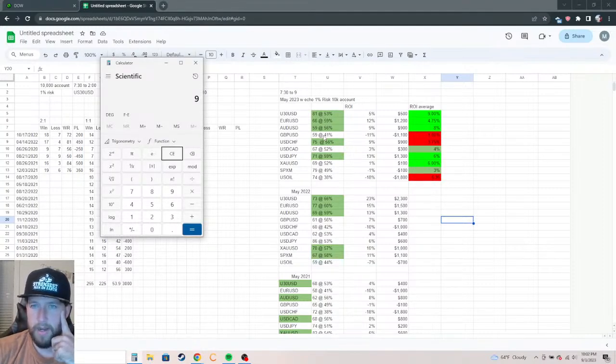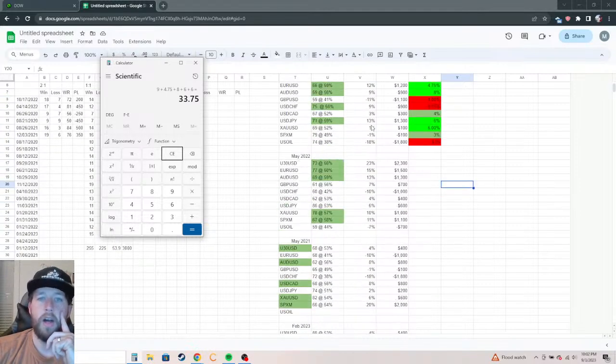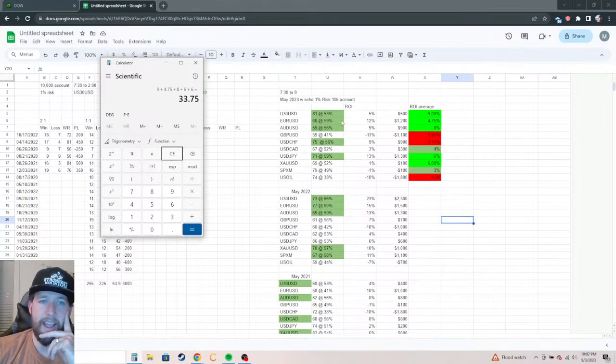So 9 plus 4.75 plus 8 plus 6 plus 6 equals, so assuming that we took every single trade within those 5 pairs, within the time frames that we've tested on these 4 months, we would have averaged a 33.75% return. Again, which is insane.